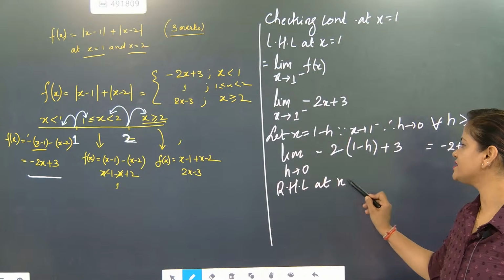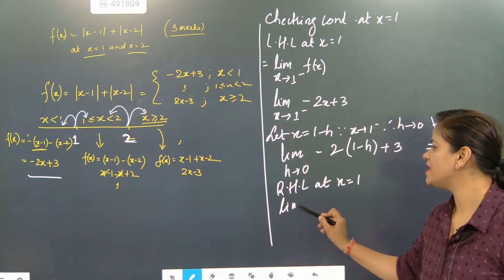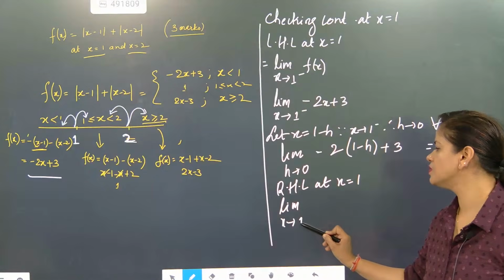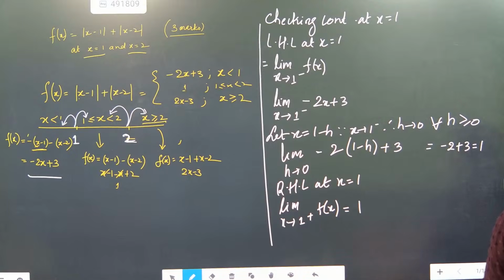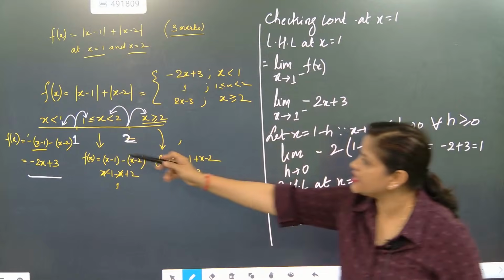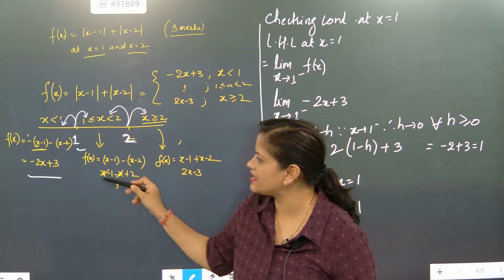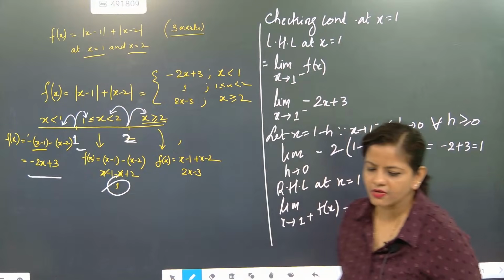And RHL, beta? RHL at x equal to 1. What are you going to write? Limit x tends to 1 plus f of x. And strictly it is coming as 1. The value is already given, right of this value is directly coming as 1, so we need not solve it.